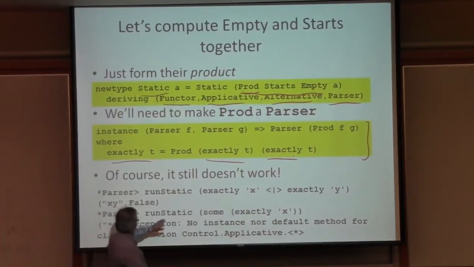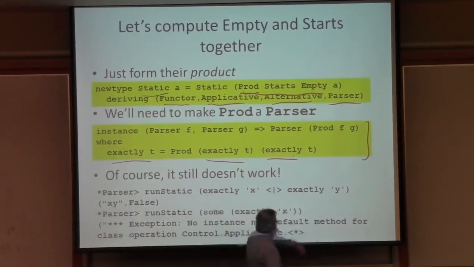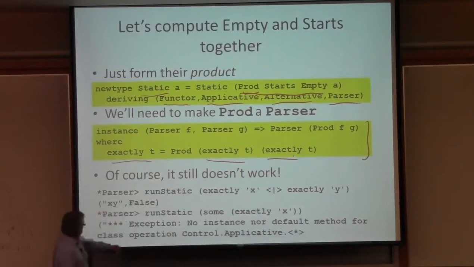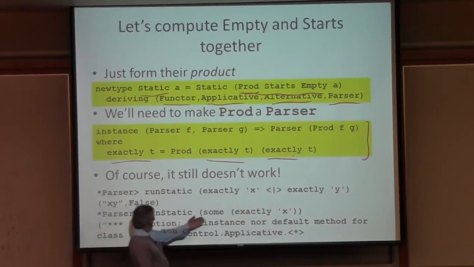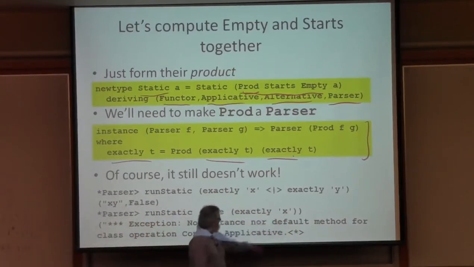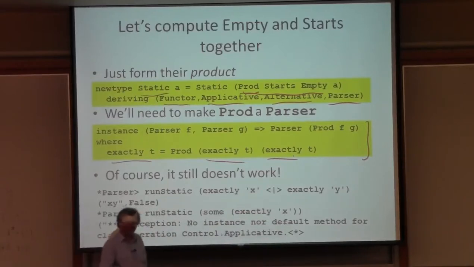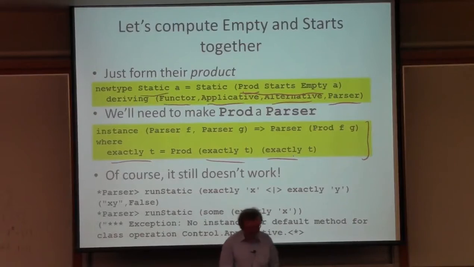But now you can see that if I analyze exactly x or exactly y, I get a richer result. Run static returns a pair of the starter symbols and whether it can match the empty string. And we can analyze this and see that it cannot match the empty string. But once again, if I try and analyze some exactly x, then that needs to use the apply operation, which I haven't defined, and it's not going to work.